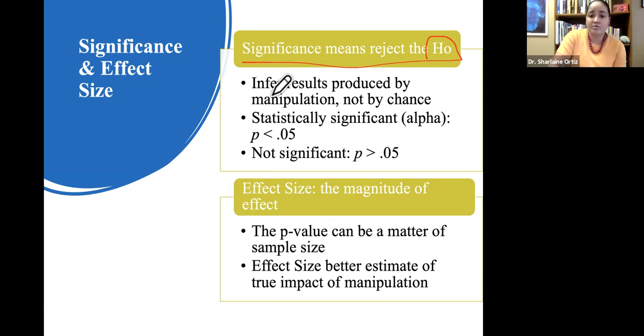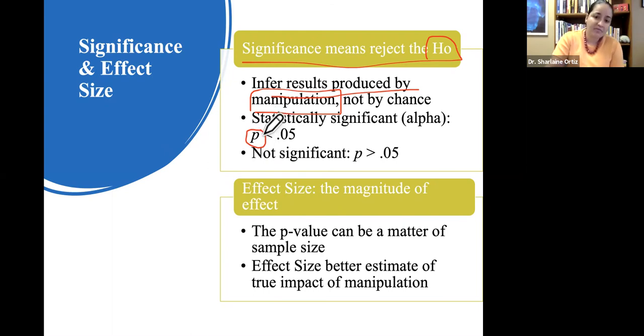Here, we have to infer that that difference was in fact because of that manipulation and not by chance. And generally, when we look at the letter P, we're actually looking at probability. This is how we consider that there was an impact on this variable.